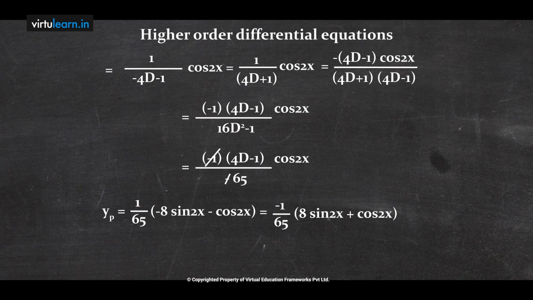This is the particular integral. The general solution of this differential equation is y equals yc plus yp. Therefore y equals c1 e power x plus c2 e power 3x minus 1 by 65 into 8 sin 2x plus cos 2x. This is the final answer of the differential equation.